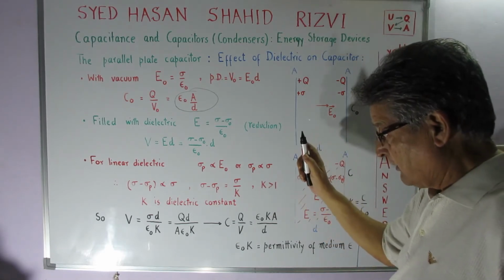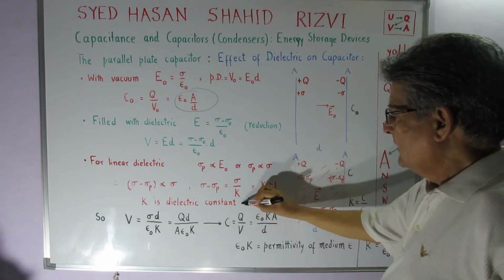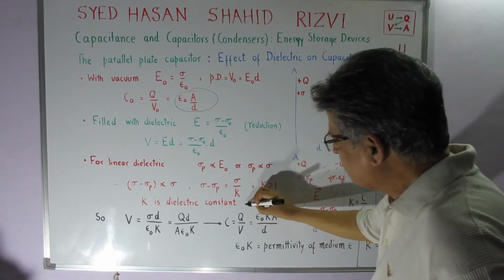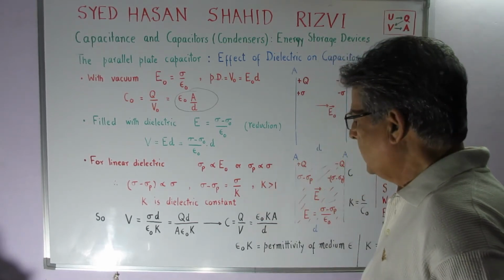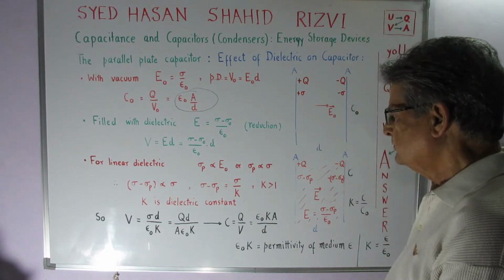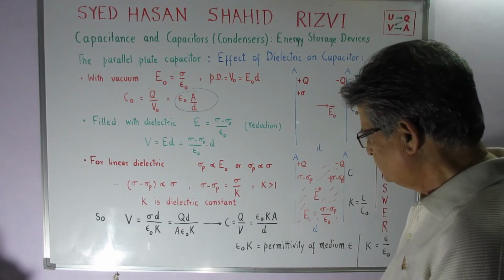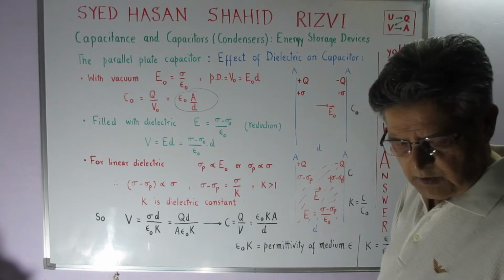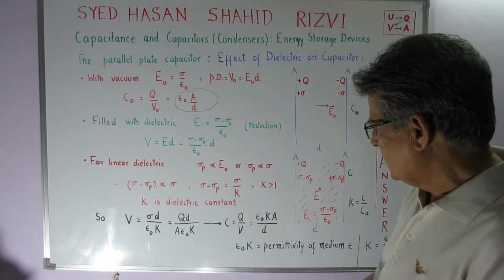And K is called the dielectric constant.